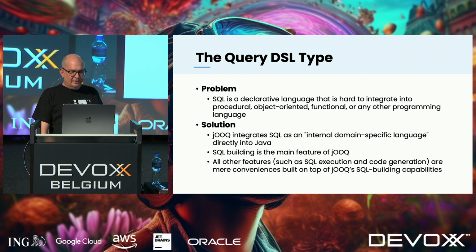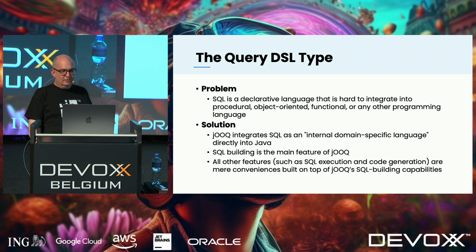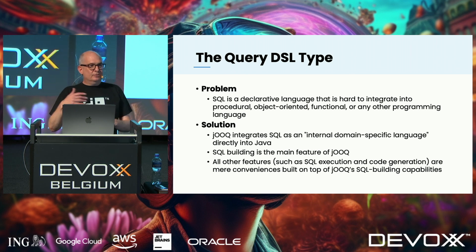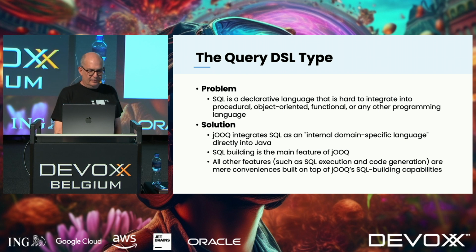The problem is that SQL is declarative, but in my opinion that's no longer kind of a problem, because since Java 8 we have streams and the stream API. So I would say developers are used to writing declarative code. In all the times before Java 8, this was probably not always the case.